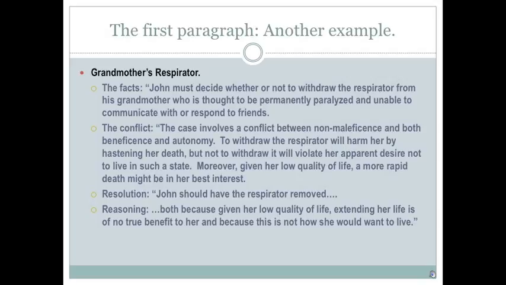All right? So do you see the facts are the same, the description of the conflict is the same, but obviously a different resolution and a different summary of the kind of reasoning one would want to offer to justify their resolution of the case.